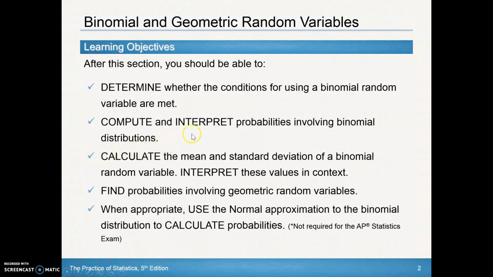On Day 2, we'll learn to calculate the mean and standard deviation of a binomial random variable. And then on Day 3 video, we will look at the geometric random variable. And then, time permitting, we'll look at the normal approximation of the binomial, even though that's not required for the AP statistics exam.